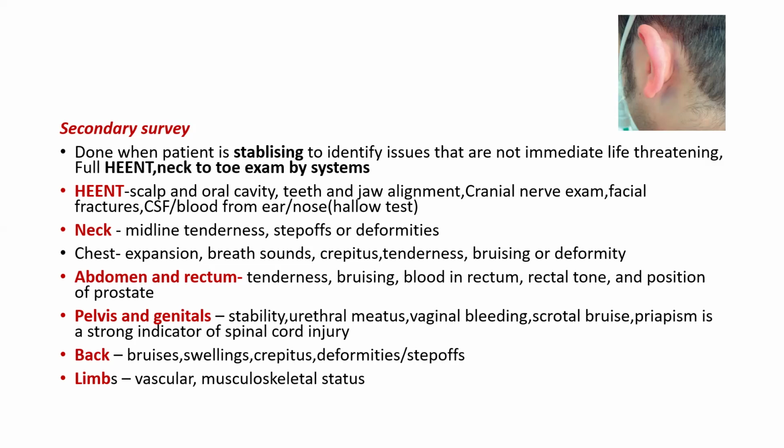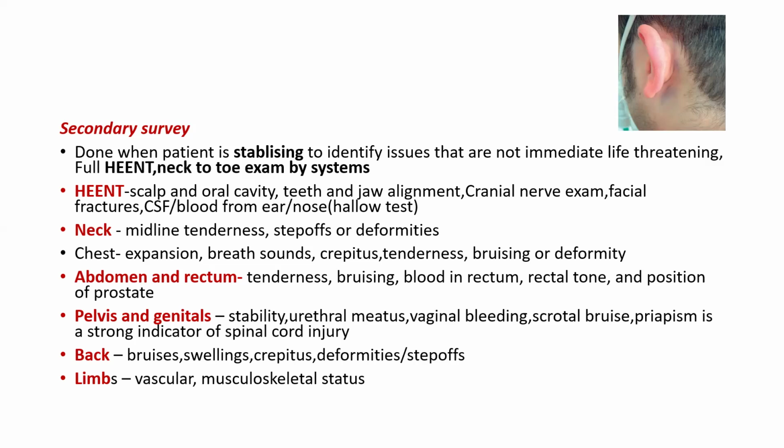You're looking for priapism, which is a strong predictor of spinal cord injury. Then you do a log roll. And look at the back, looking for bruises or swellings, looking for crepitus and step-offs, which could indicate injury to the spine. Then the limbs are examined.